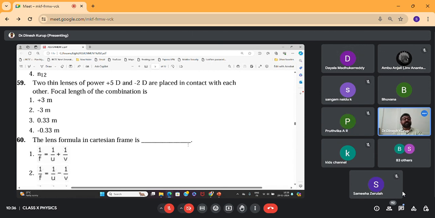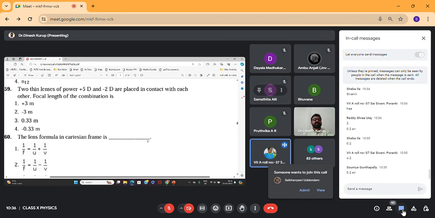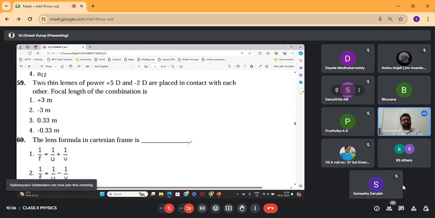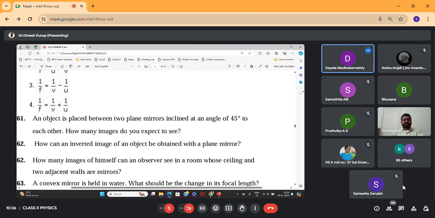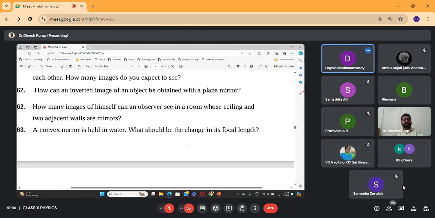Remember, +3 is the resultant power. Focal length will be the inverse of +3, that is 1 by 3, which is 0.33 meter. Plus or minus? Plus, sir. Okay. Very good.